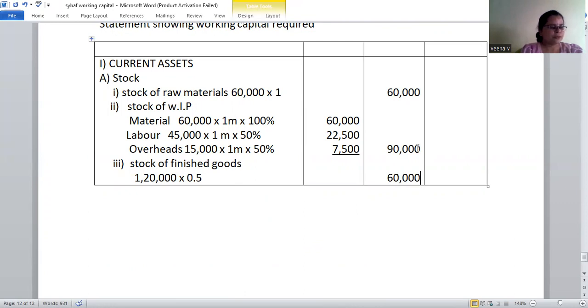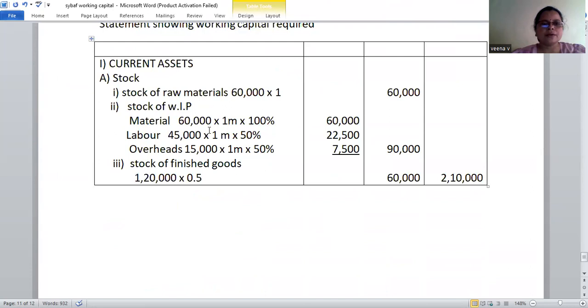Our total of stock will be 60,000 plus 90,000 plus 60,000. So our total of stock will be 2,10,000. So in the third column, we are going to write the total stock, that is 2,10,000.